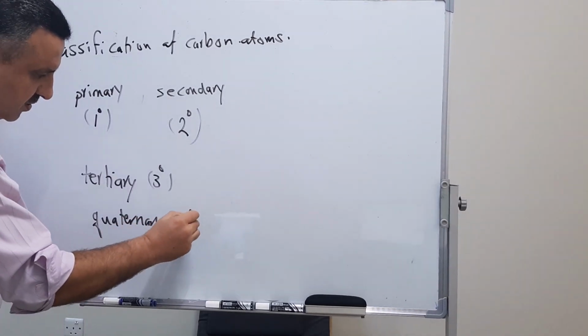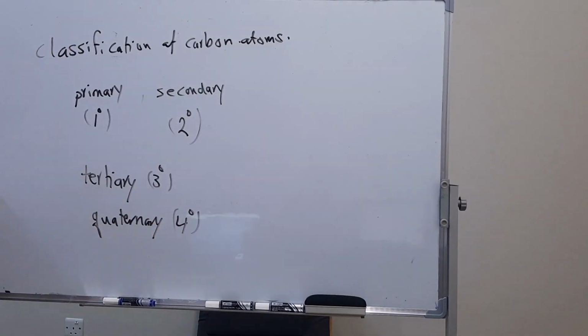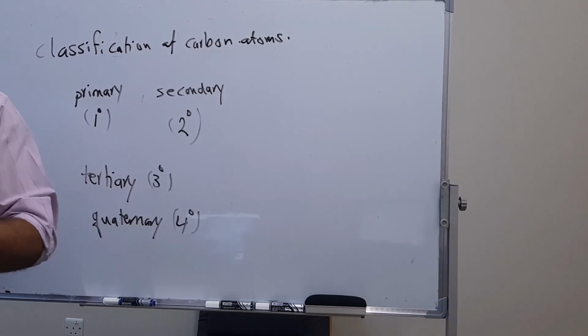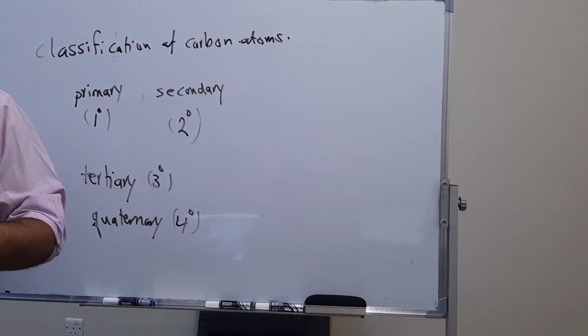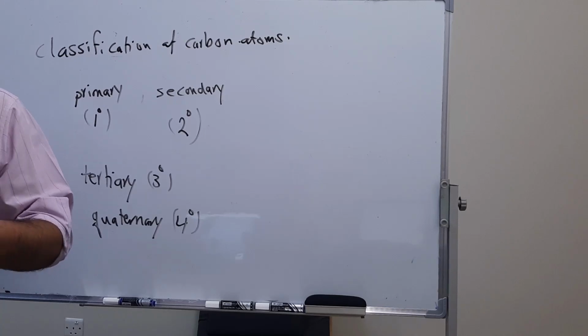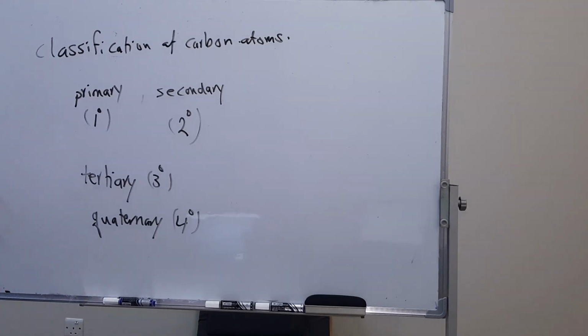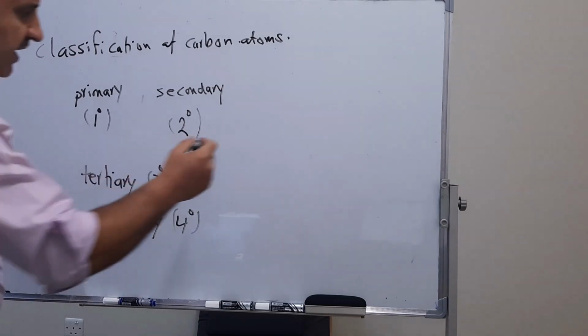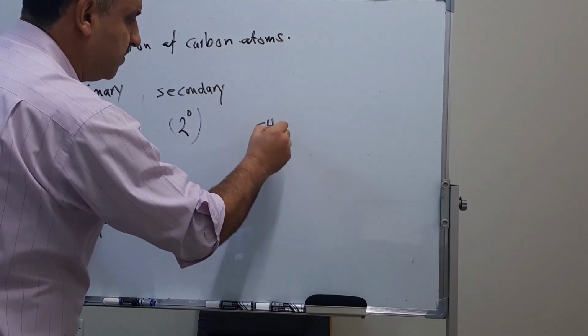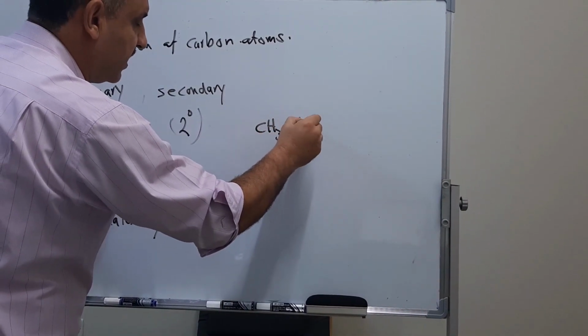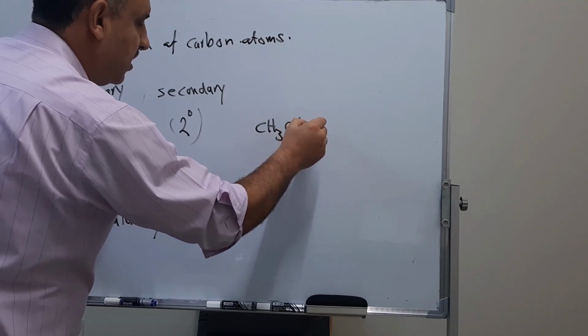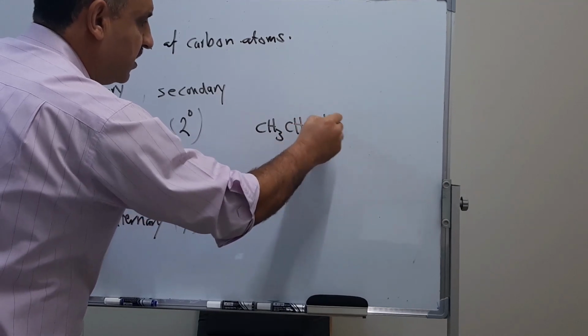which is 4. Now this classification, as you can see in here, depends on the number of carbon atoms attached to the same carbon under study. For example, if we have ethane or propane, let's take CH3, CH2, CH3.